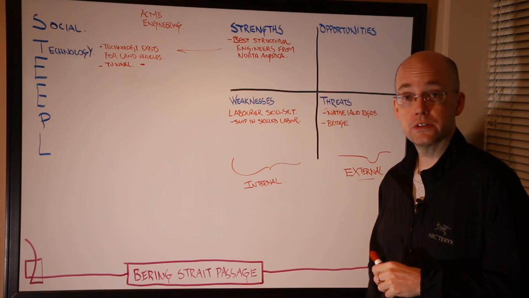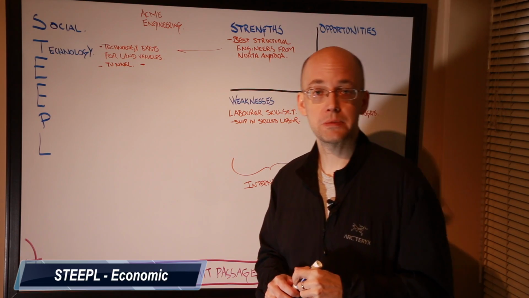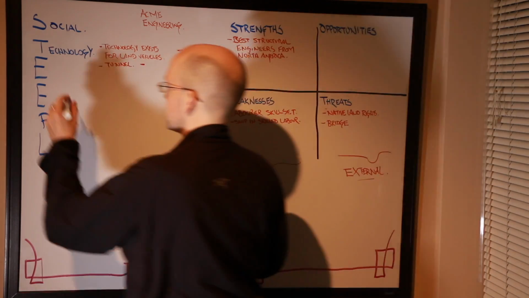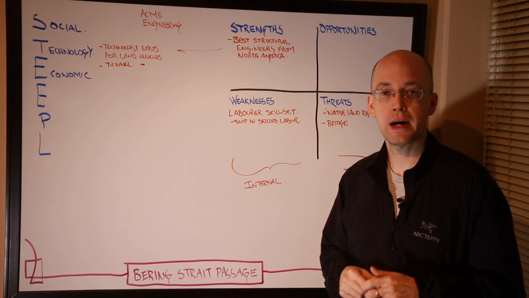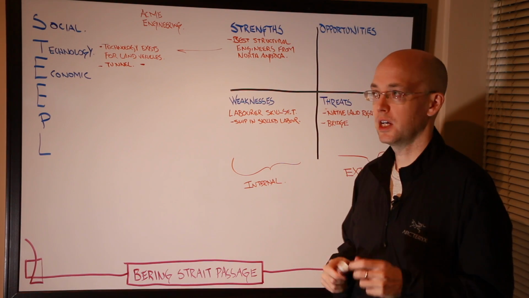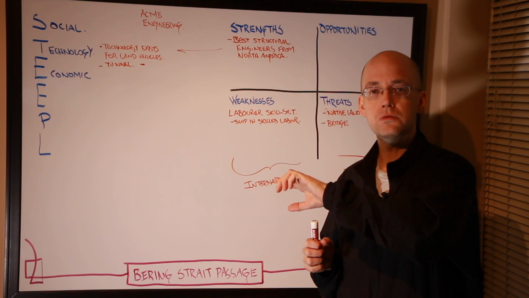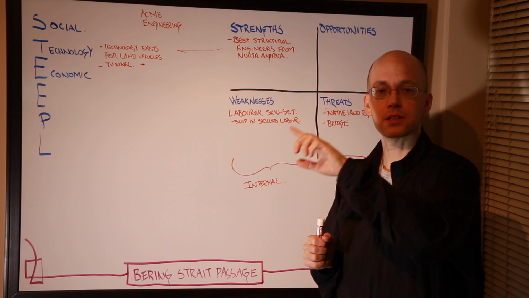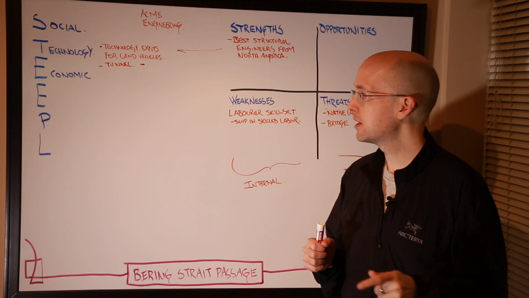Let's move on to the first E of STEEPL, which is going to be economic. When we mention the economic impacts of this particular project, one of the biggest things that we're looking at is the ability to move freight by land across this passage.